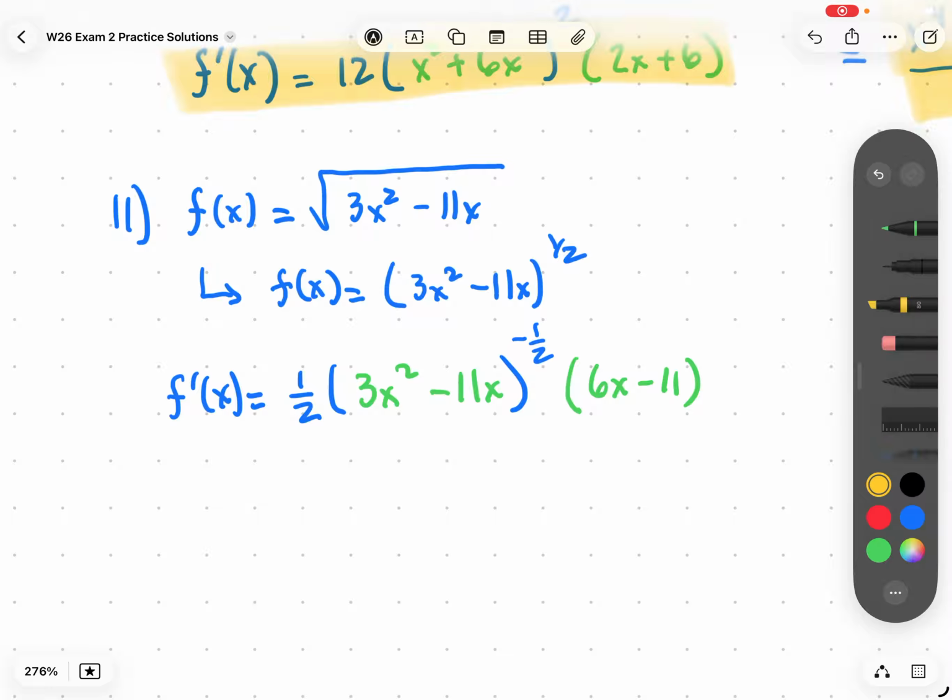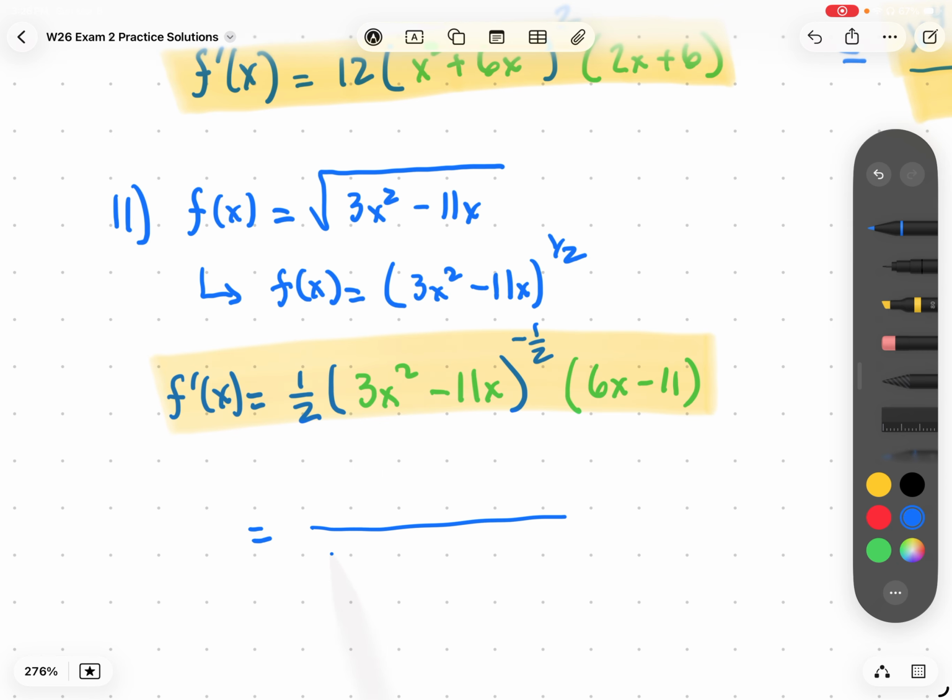Okay? Now, if you want to stop here with that solution, you're welcome to do that. Since it was written in radical form, a lot of times you will see people put it back into radical form. So I'll show you how that ends up going here. Because this quantity is raised to the negative 1/2, it ends up in the denominator with that 2.